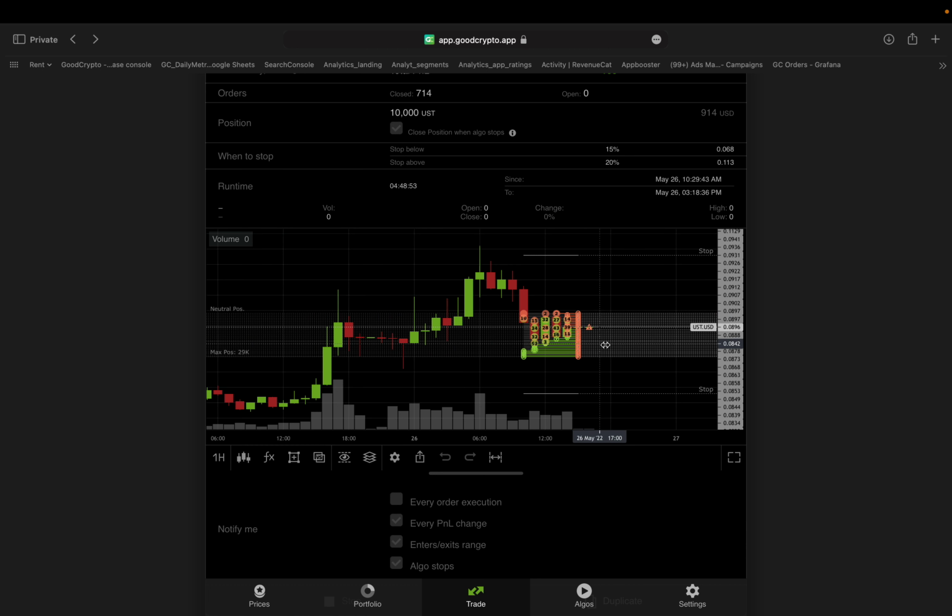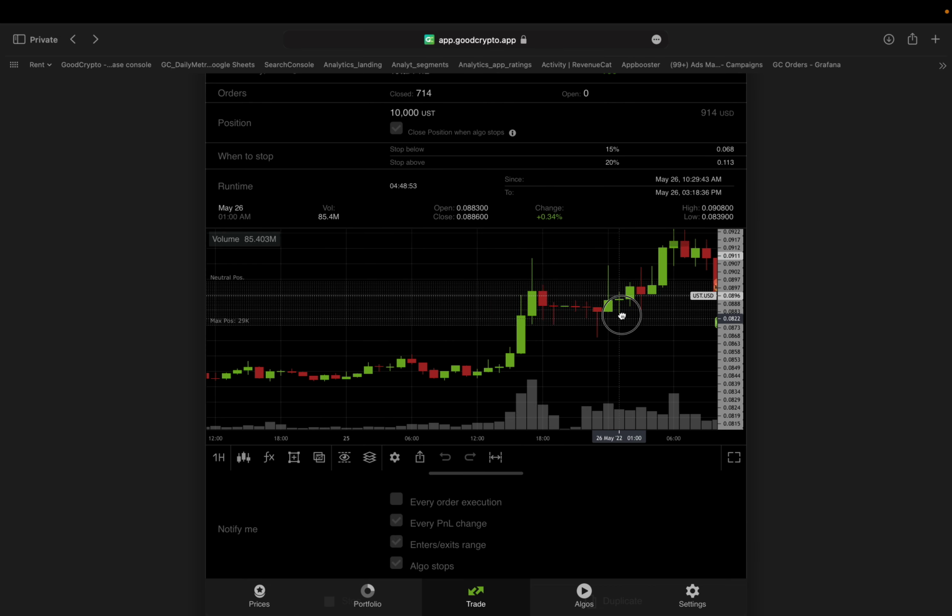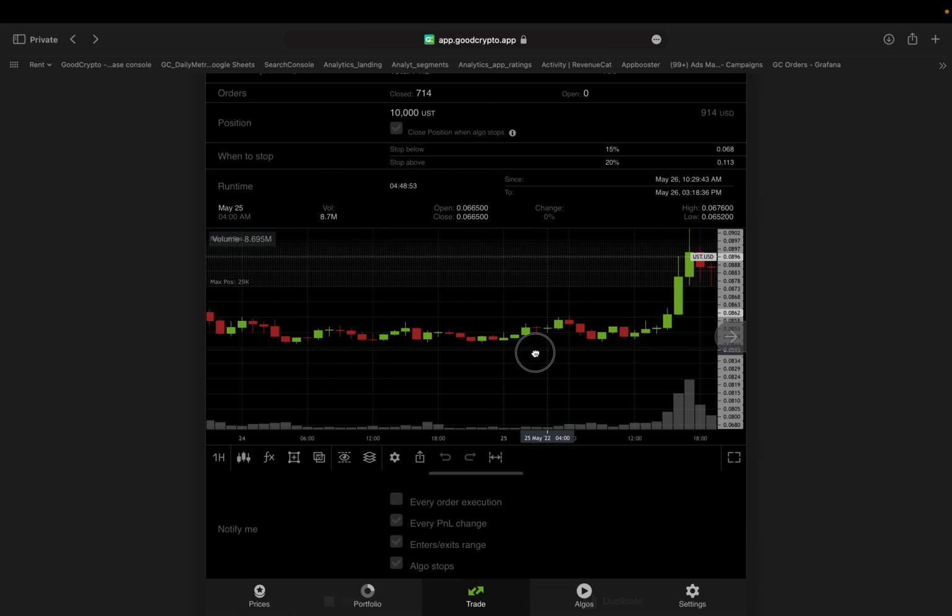So at least enough for me to generate enough P&L given the volatility inside the range, that even if my grid ran out of the range and hit stop here or here, I would still be left with positive P&L.